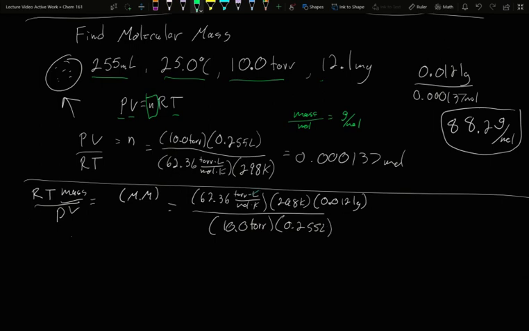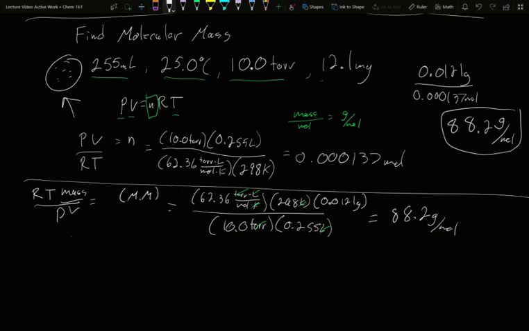In this case, I've got liters on top and bottom. I've got torr on top and bottom. I've got Kelvin, Kelvin. I'll be left with grams over moles. So this will give us a molecular mass. And we'll find that 88.2 grams per mole.